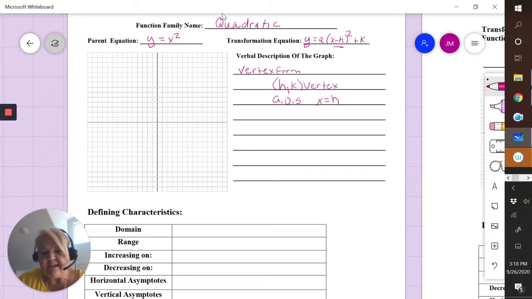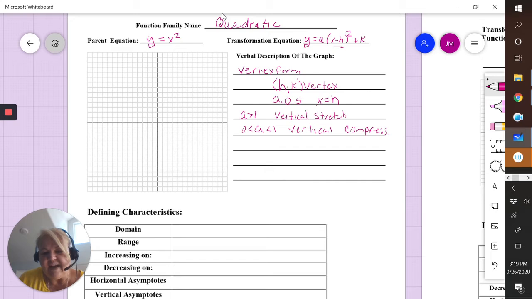And same thing, if a is greater than 1, we have a vertical stretch. If a is between 0 and 1, we have a vertical compression.